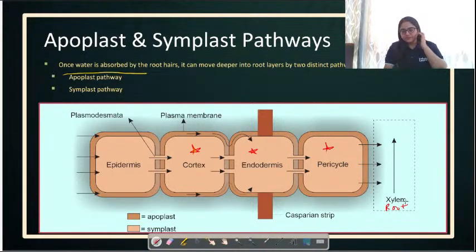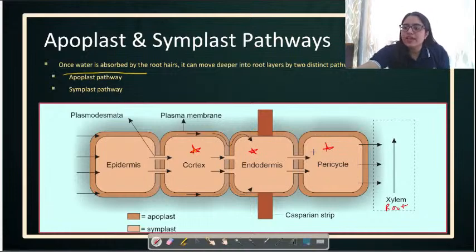So see students, each and every cell here represents each and every layer that is present between the epidermis and the root xylem, where the water needs to be transported.